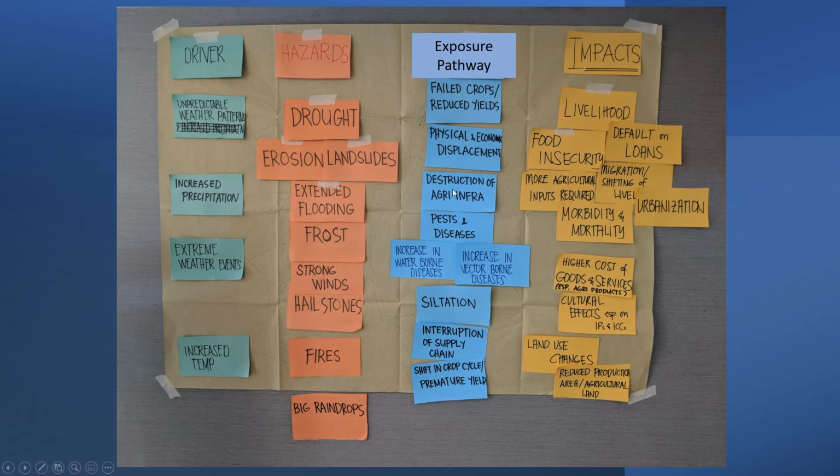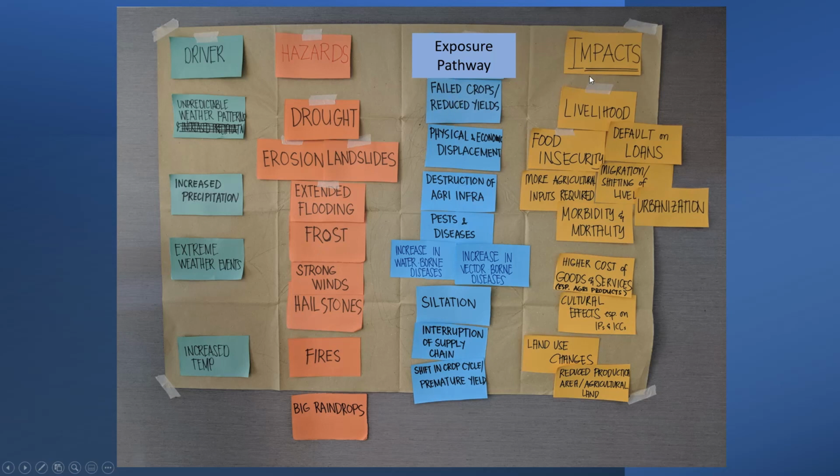We've got pests and diseases as an exposure pathway, increase in waterborne diseases and vector-borne diseases, siltation of streams, interruption of supply chains, and all of these things. These are exposure pathways that are caused by the hazards.